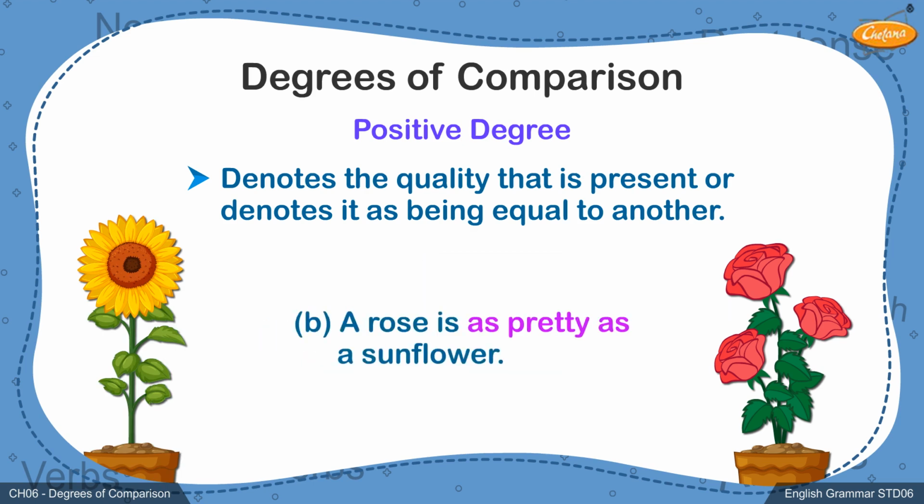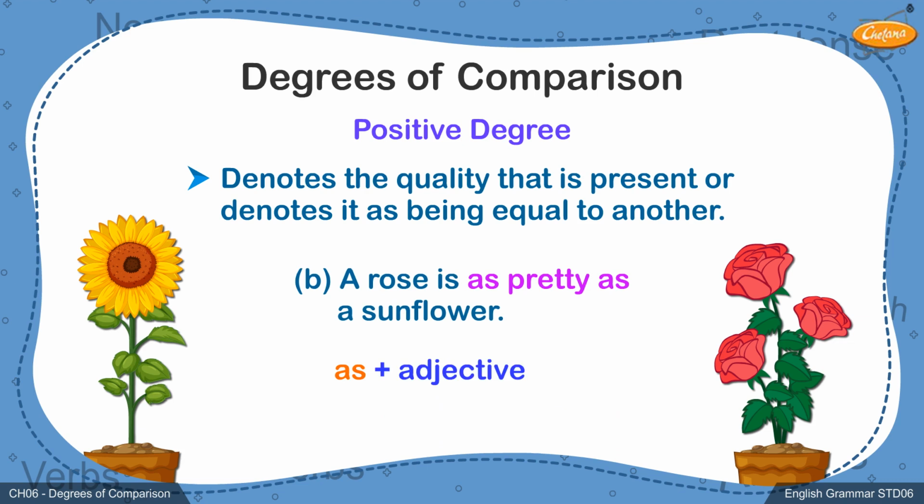B. A rose is as pretty as a sunflower. This sentence denotes that both the flowers, rose and sunflower, are equally pretty and thus they are being equal to another. The sequence as plus adjective plus as is always used only in positive degree.